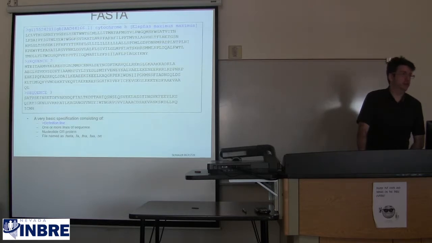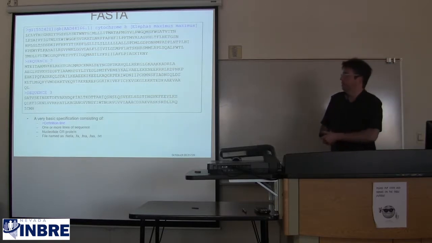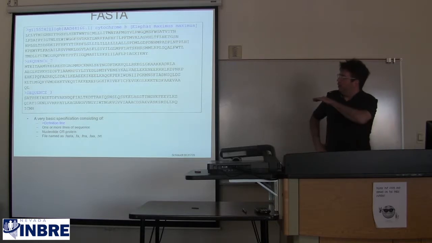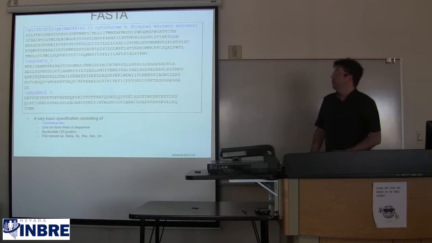So that FASTA format text file, it's the standard on which BLAST expects its sequences, and it's a very basic, very 1980s, maybe even 1970s feeling sort of format. And it's just raw text with a signifying line, what we call a definition line, shown here in blue, where you write in free text whatever you want about your sequence.